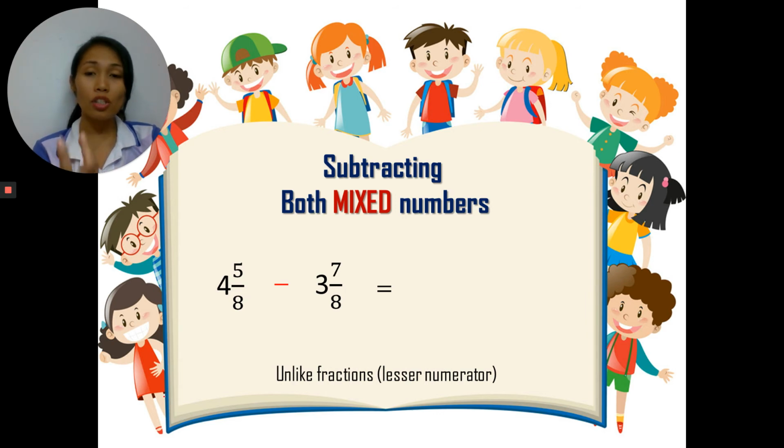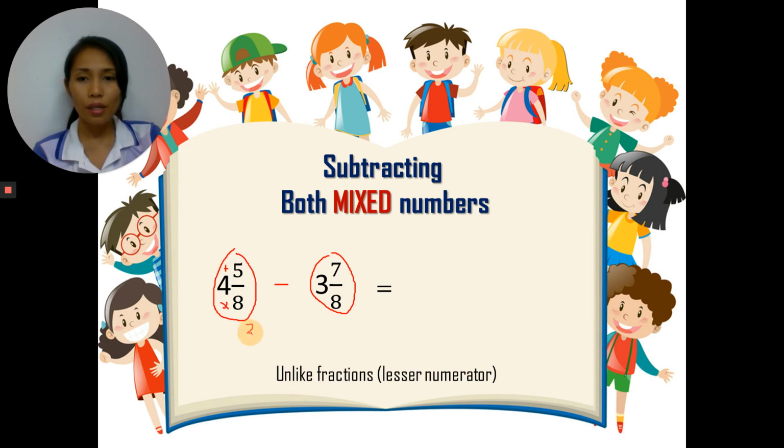That is to change this mixed number to improper fraction. So let's convert this into improper fraction, and so with this one. Now 8 times 4 is 32. 32 plus 5 is 37. So let's have here 37. Denominator is 8.